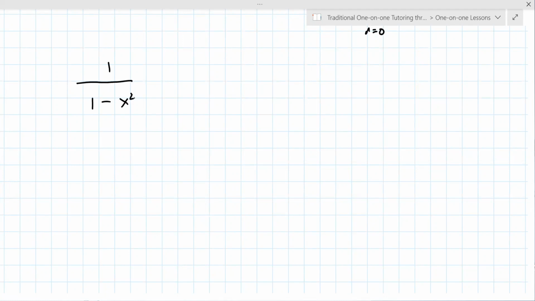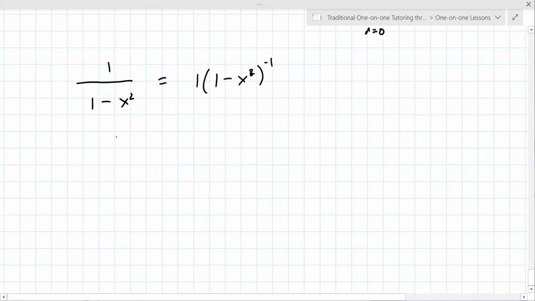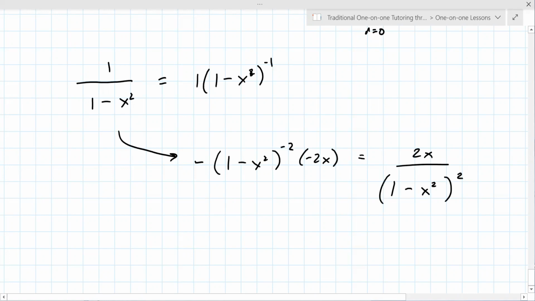That's probably when to use it. This one isn't that big of a change, but when I take the derivative of this, it's -1 times 1 minus x squared to the -2 times -2x. And so you end up getting 2x over 1 minus x squared squared. And it all came from this.